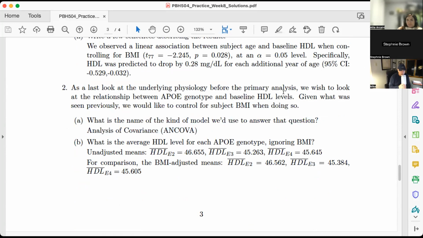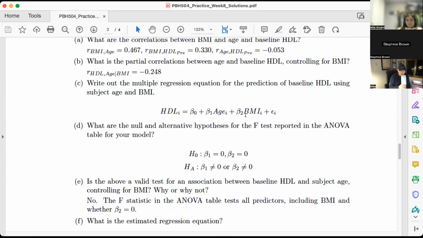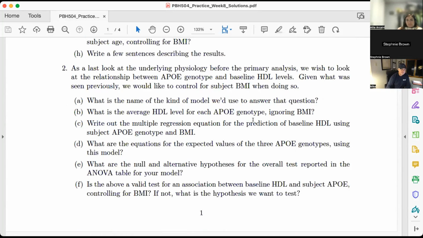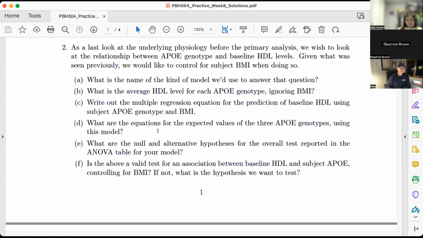Really, it's just still multiple regression. But before it was seen that it really didn't matter what you called it, people used to refer to that as analysis of covariance.